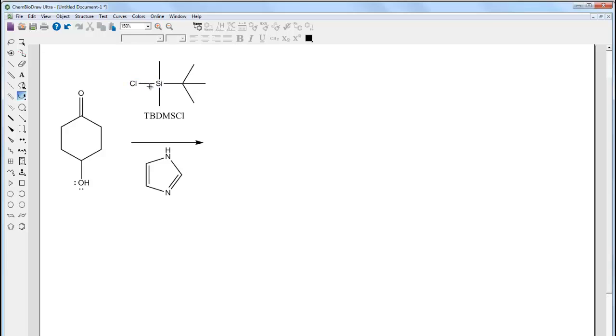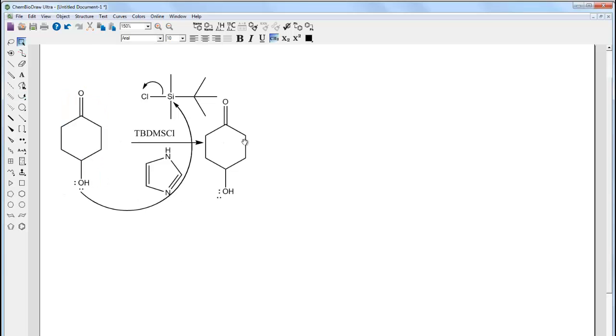A silicon halogen bond is actually quite similar. So one of the lone pairs on the alcohol can attack the silicon, and the chloride can leave with its pair of electrons. And remember, the reason it's a good leaving group is because it's the conjugate base of a very strong acid.